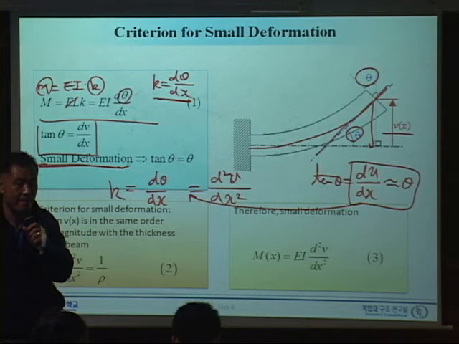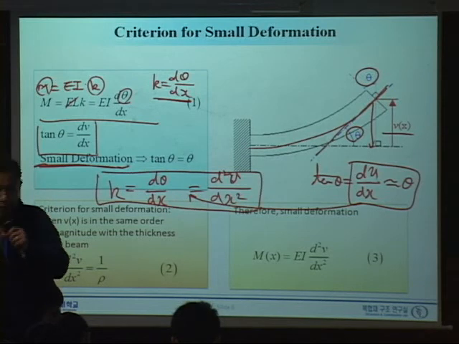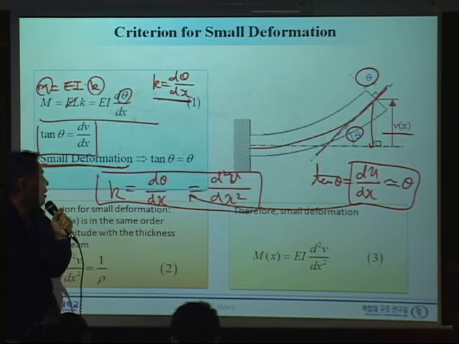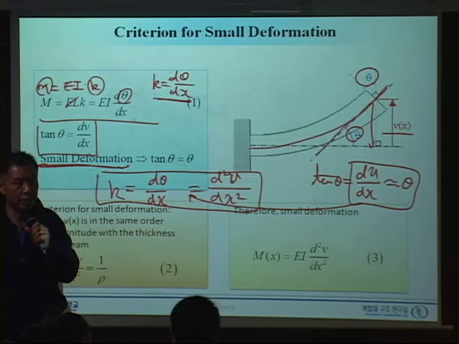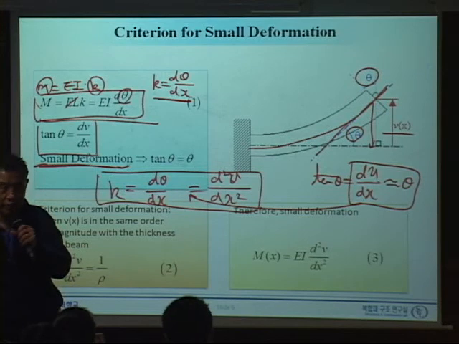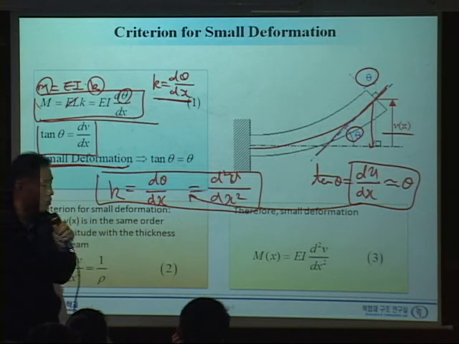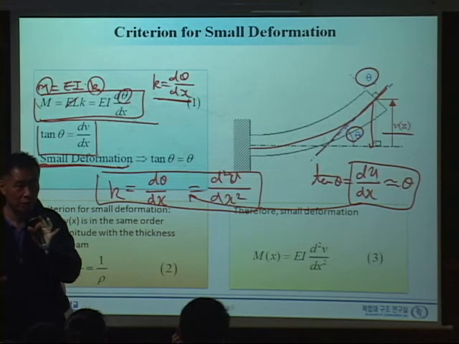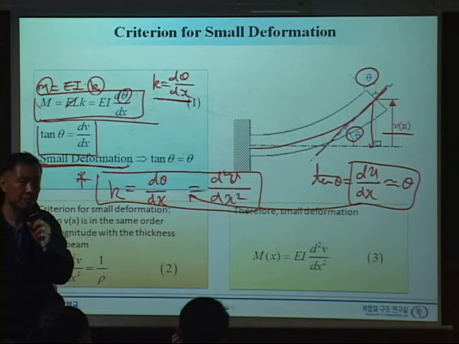Twice. This is the core part in this chapter. Other than that, they are all the same equations. You know, these moment curvature relations and the equilibrium equation, which I will show you later. They are nothing new. But this is the new relation.